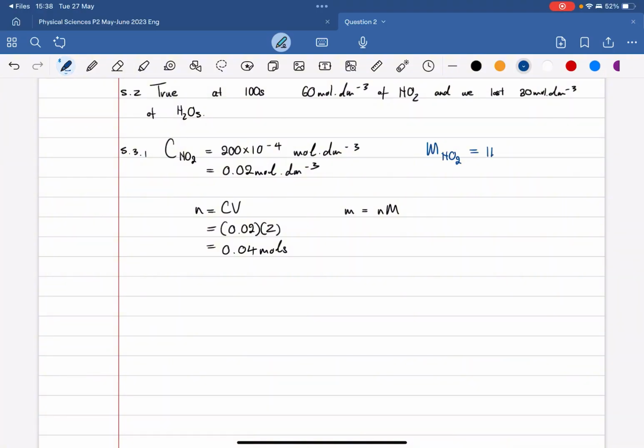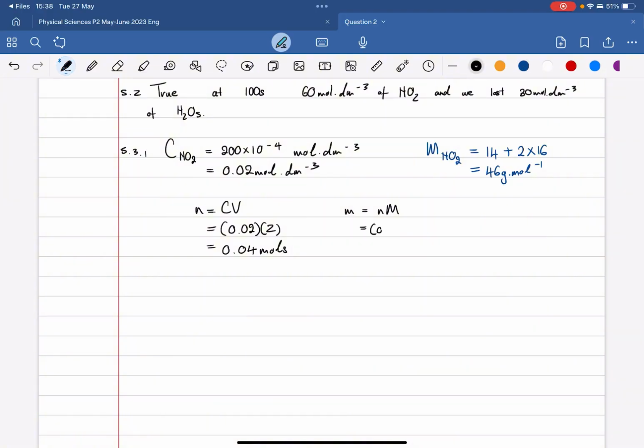So you've got 14, that's the molar mass of nitrogen, plus 2 oxygen atoms, and oxygen has a molar mass of 16. If you do the math, the molar mass here is 46 grams per mole.